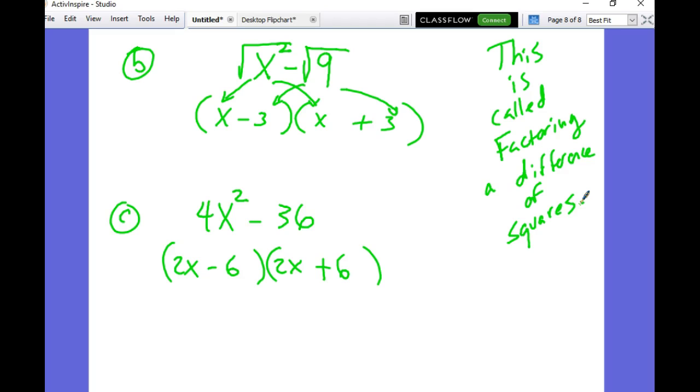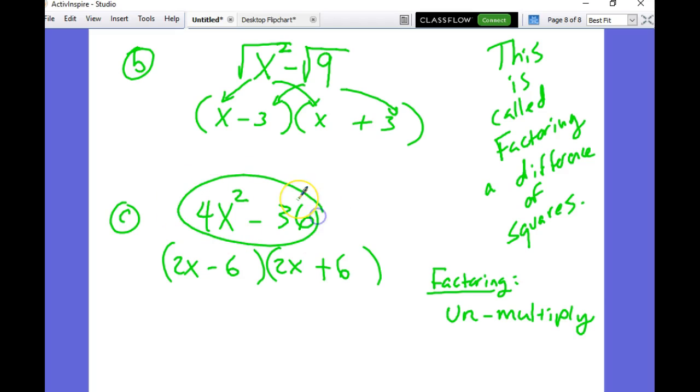Now I want you guys to know what this vocabulary means though, okay? So first of all, what does factoring mean? It means to unmultiply. Whenever you take an expression like this and you split it apart, that's factoring.